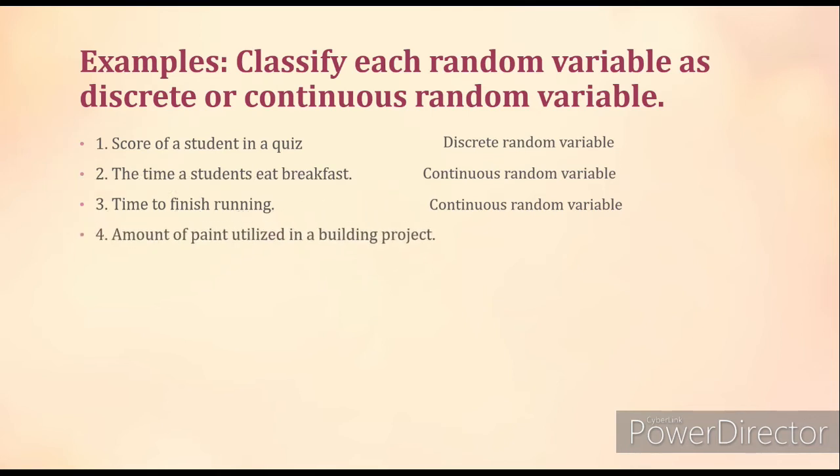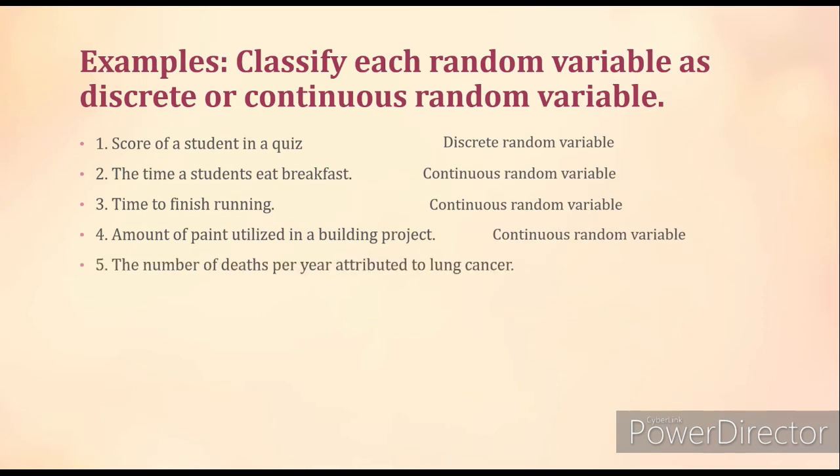4. Amount of paint utilized in a building project. If your answer is continuous random variable, you made it right. 5. The number of deaths per year attributed to lung cancer. If your answer is discrete random variable, very good. 6.